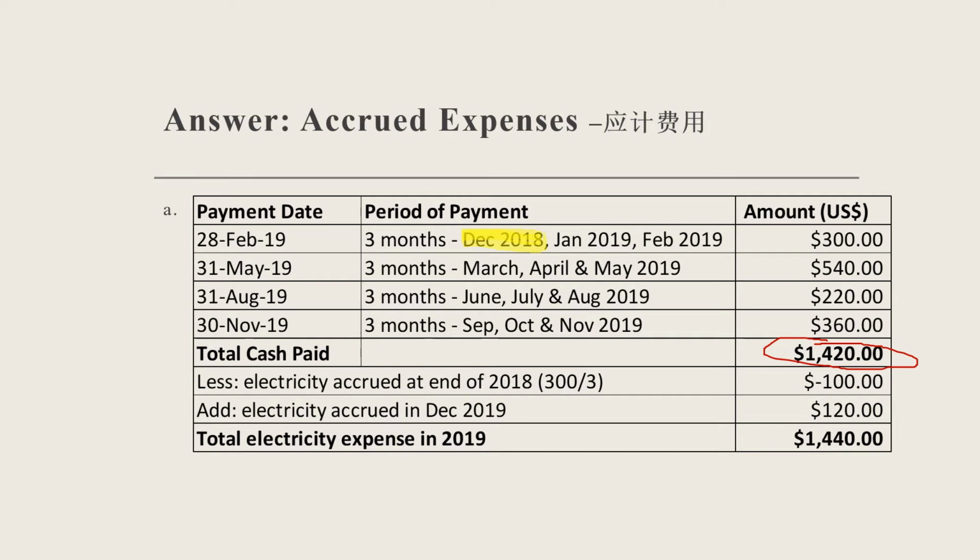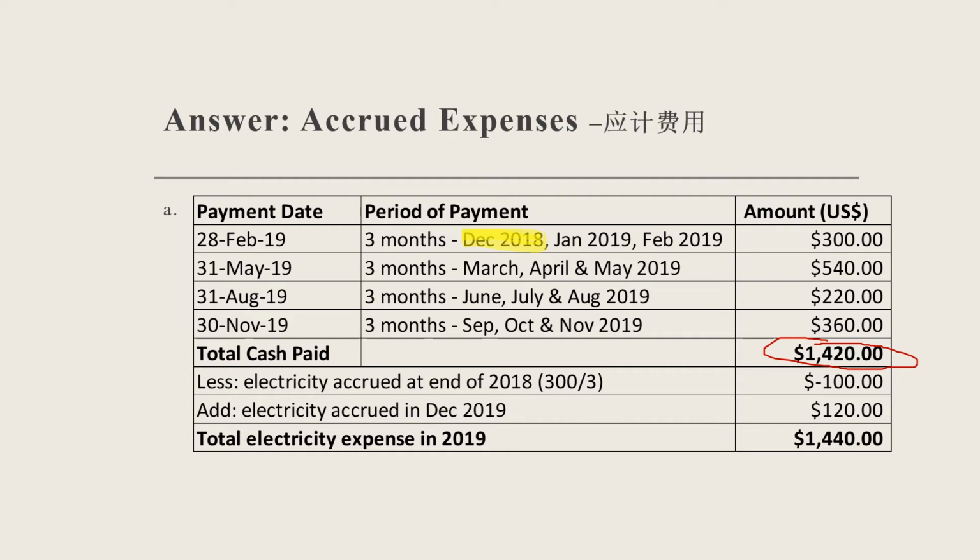First, we should calculate total cash paid in 2019. The total cash paid in 2019 is 1,420. Second, the financial period of the company is 1st January to 31st December, so we should exclude electricity for December 2018. Cash paid of 300 on 28th February 2019 included the electricity bill for December 2018.